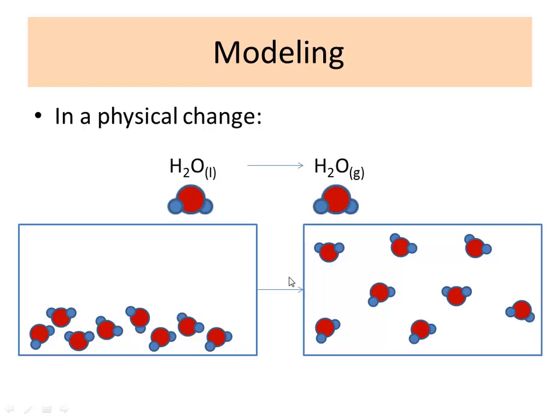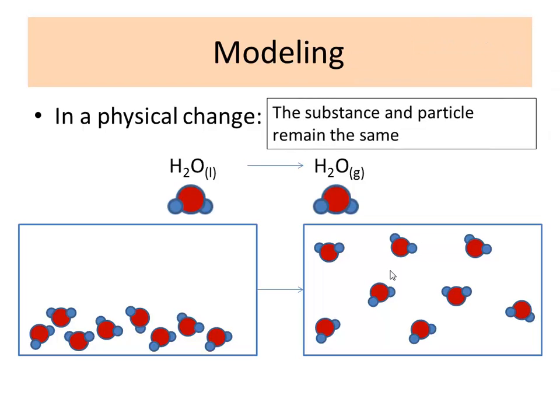In a liquid, the particles are compact, they're close together, whereas in a gas, they're very spread out, even more spread out than this diagram allows me to show. The key thing: the substance and particle remain the same. We started with H2O and we end up with H2O.